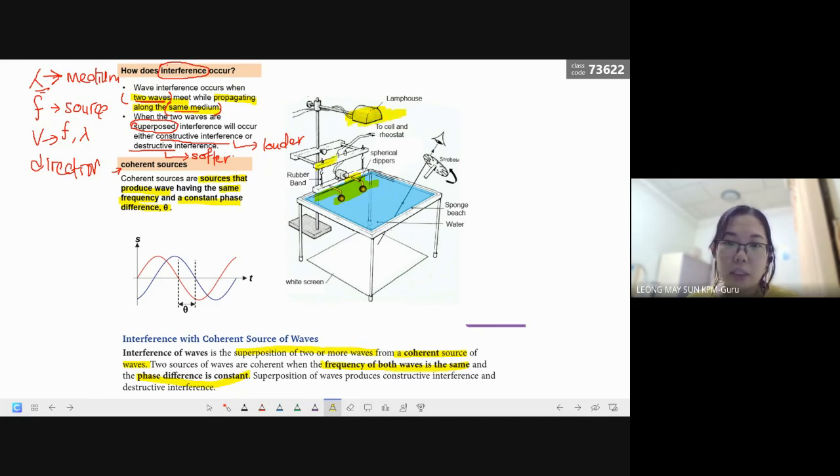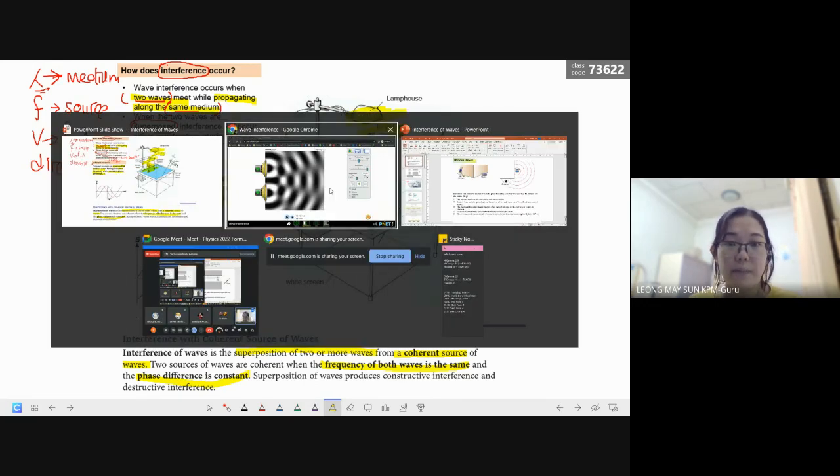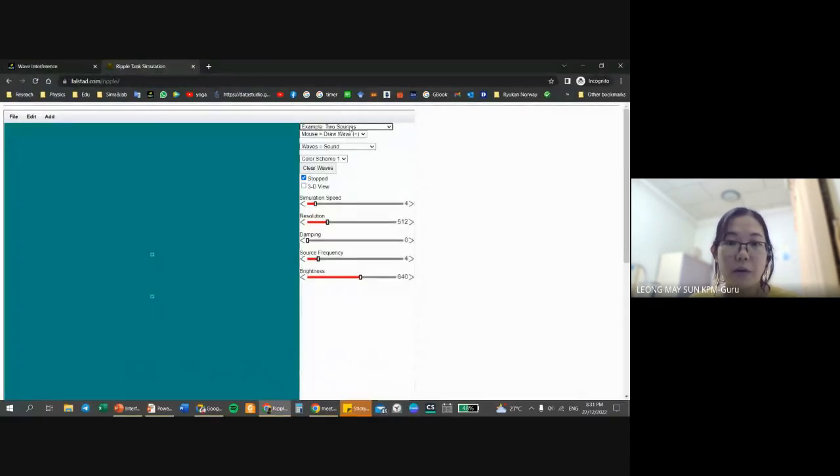This is a generator that will be connected to a power supply and a rheostat for the purpose of providing electricity, because we have a motor over here. That's the motor location. This motor will cause the dipper to vibrate at a certain frequency. When it vibrates at a certain frequency, we will have the interference pattern like this.